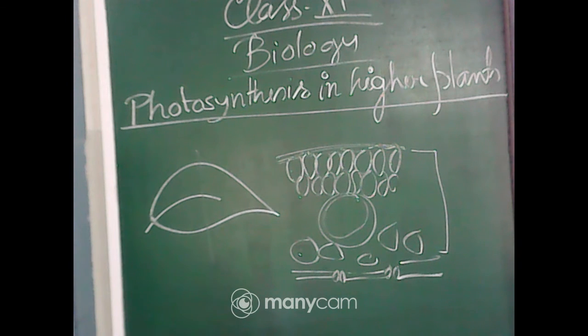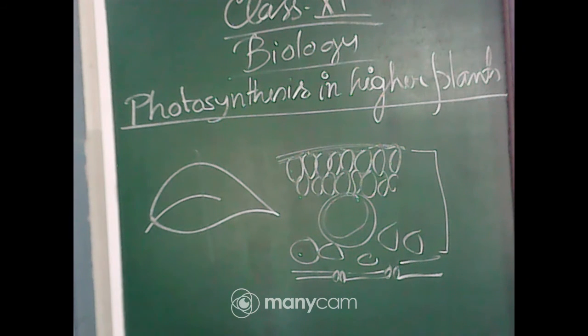Okay, Aishiki? So in the mesophyll cells of the leaves, a large number of chloroplasts are present, and usually chloroplasts align themselves along the wall of the mesophyll cell.